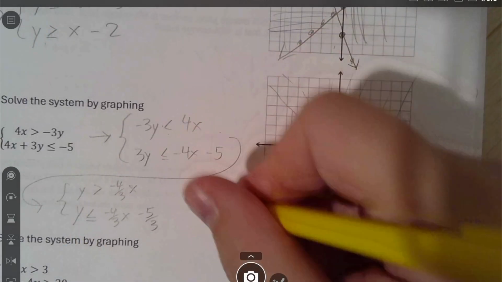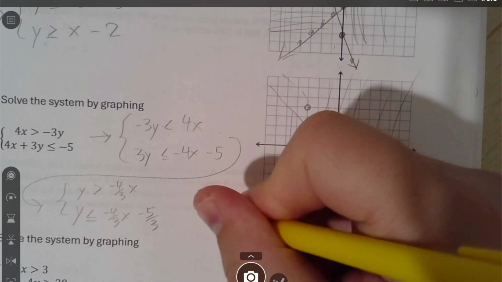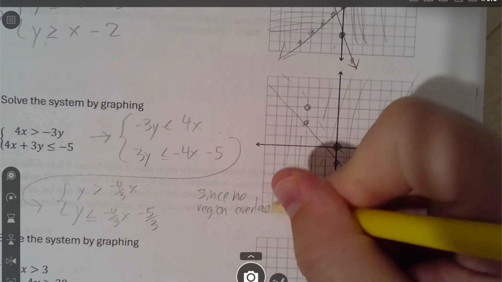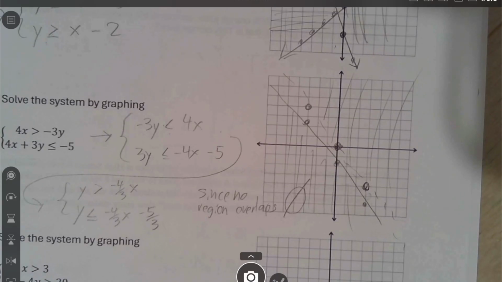And so the issue is, since no region overlaps, there's no solution to the entire problem. Interesting. So it is possible to get no solution.